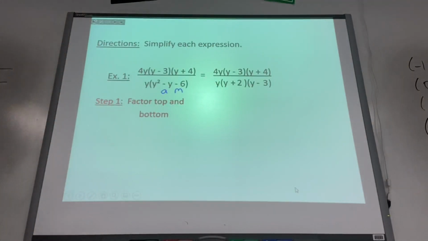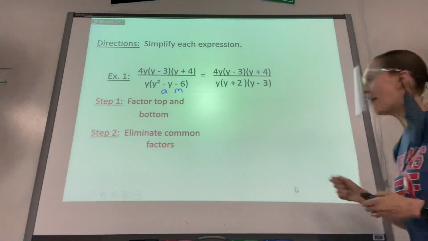It turned out on this problem, we could really only factor the bottom. Now, the second step, and kind of the final step really, is to eliminate common factors. Eliminate means we're going to cross some stuff out or drop some stuff out.